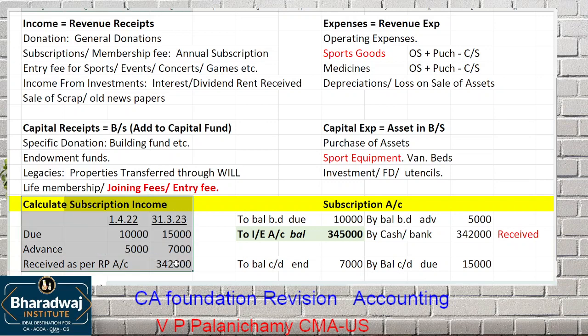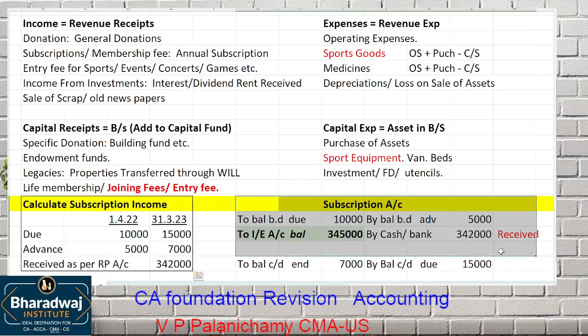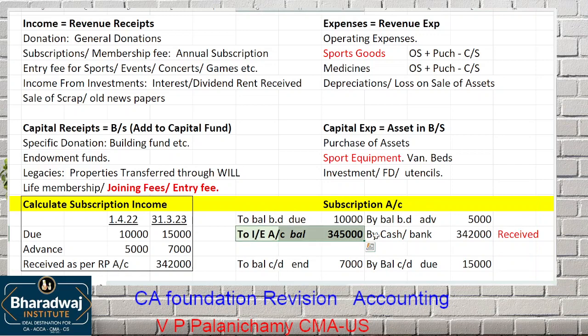Otherwise, while solving the examination question, this may be your first working note, finding out either income or subscription received.